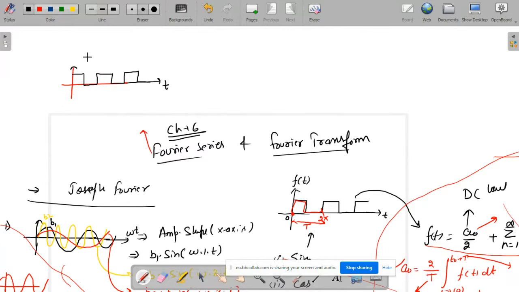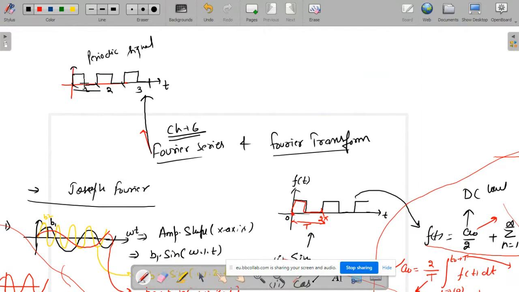In chapter number 2 you have studied this type of signal: first cycle, second cycle, third cycle. For a periodic signal, we use the Fourier series.